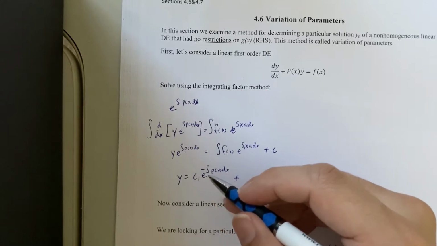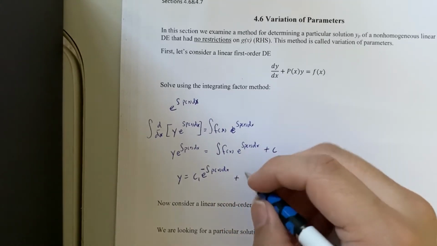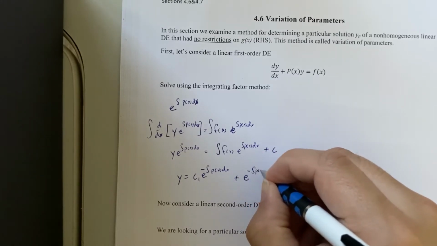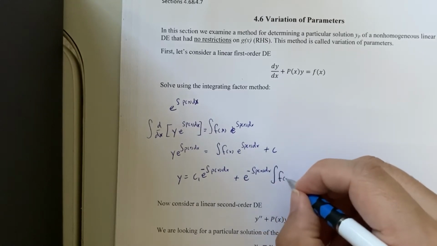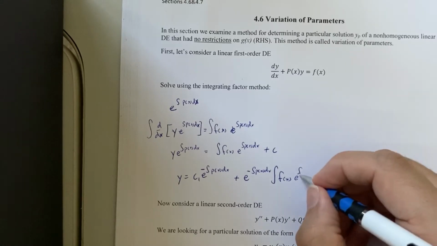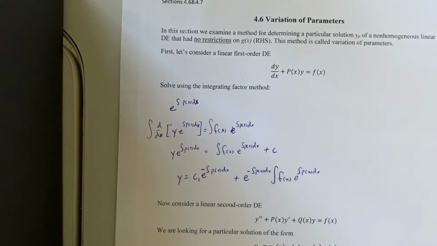So c sub 1 times e to the negative integral p of x dx plus e to the negative integral p of x dx times the integral of f of x times the integrating factor e to the integral p of x dx. And so that's what our solution would be.